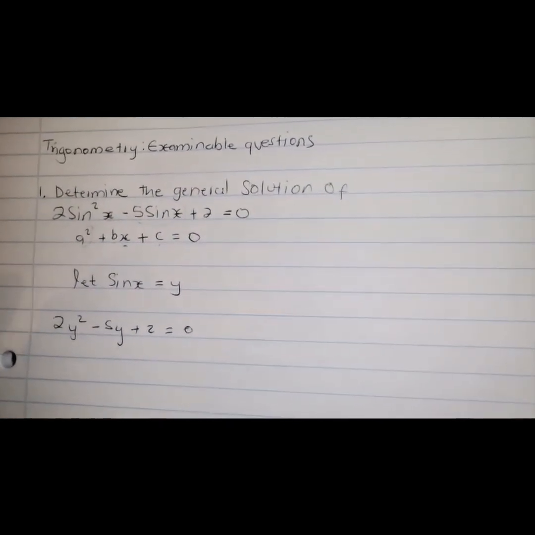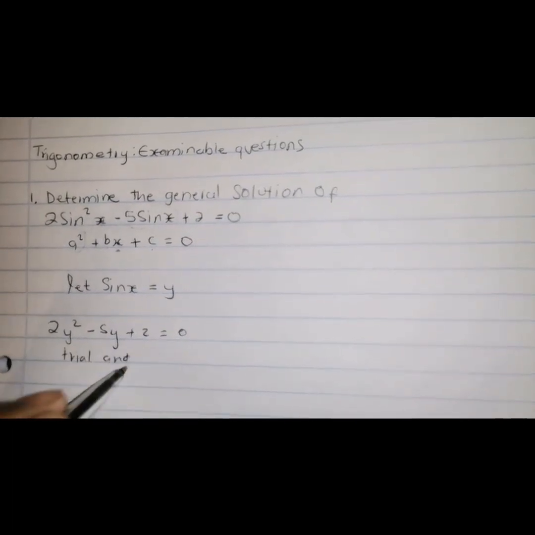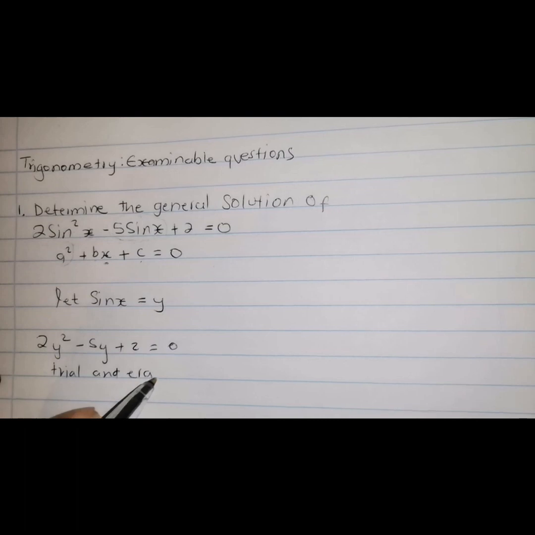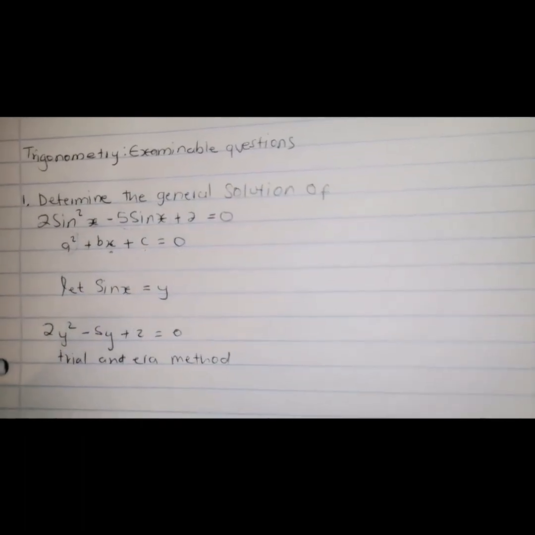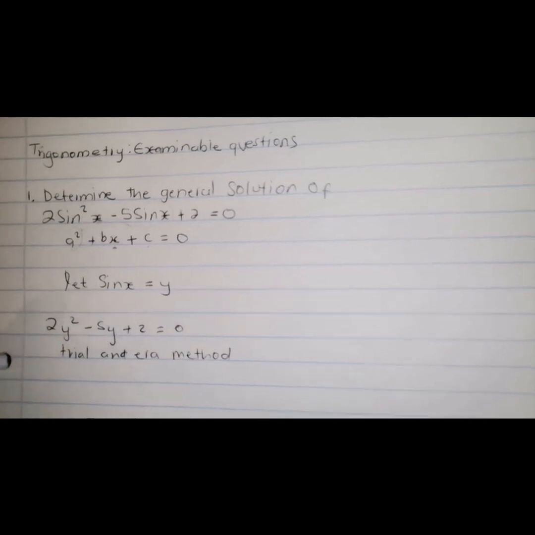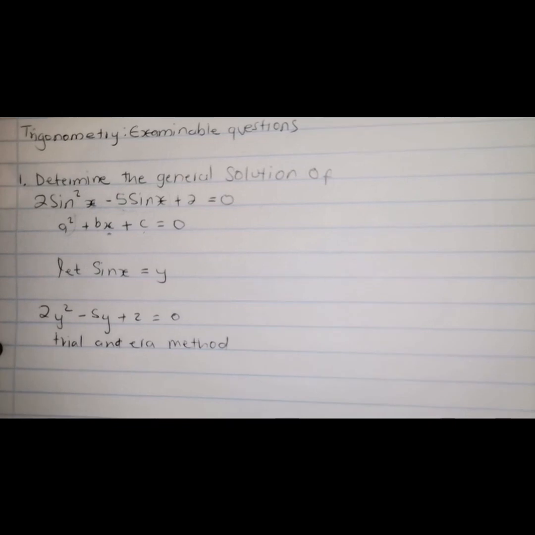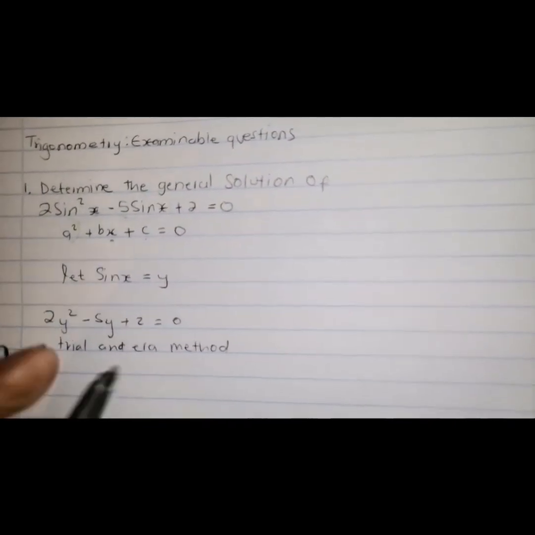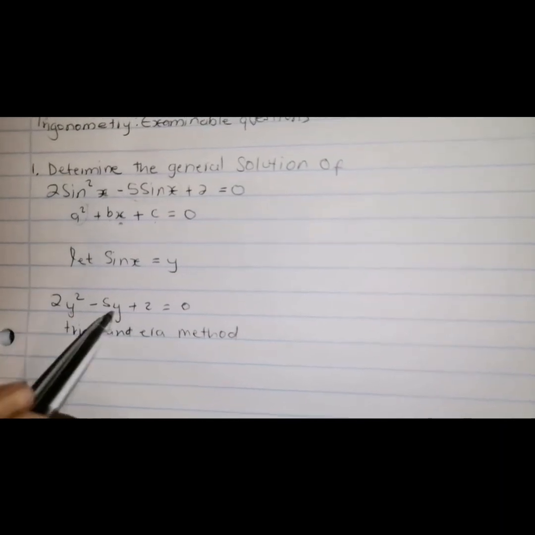Then right now I'm gonna use the trial and error method. How does it work? It means I'm gonna start from 0 up until a number that gives me 0. When I substitute where I see y, I'm gonna put in 0.